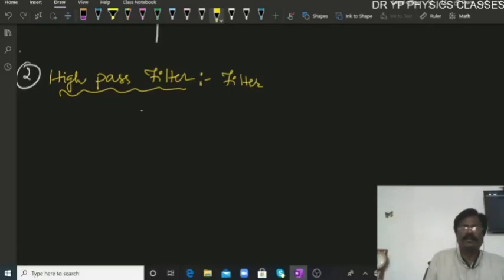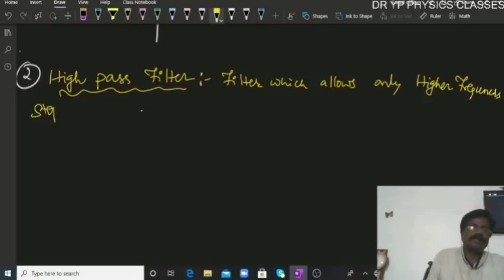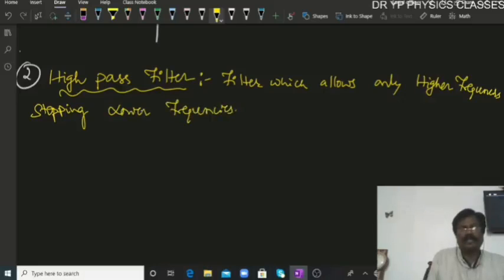A high pass filter is a filter which allows only higher frequencies, stopping lower frequencies.